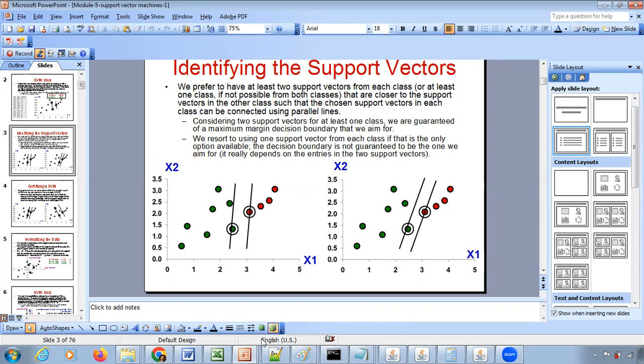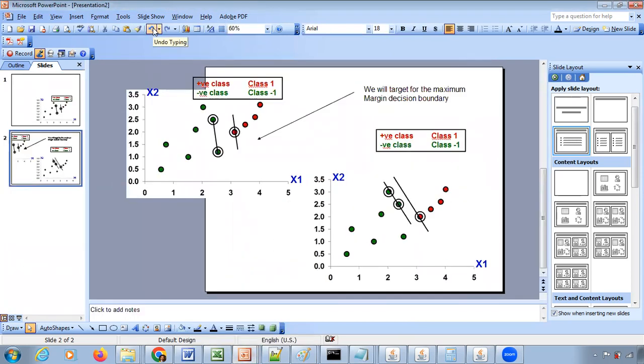So what I mean by the direction of the decision boundary is, if you go back to this slide and look again at this example, by choosing, the direction is also decided.